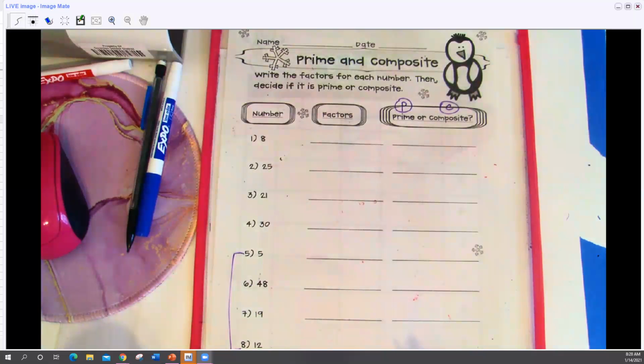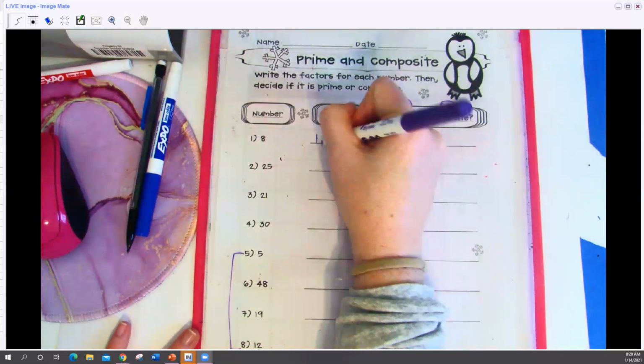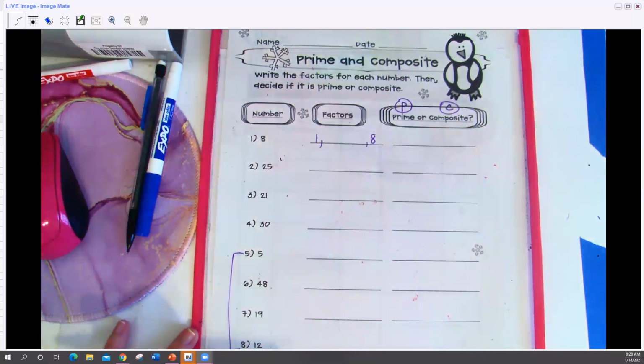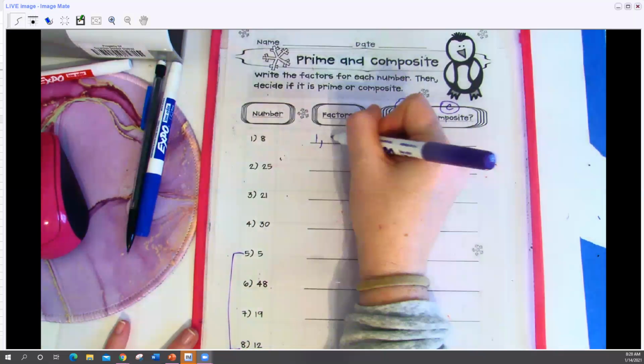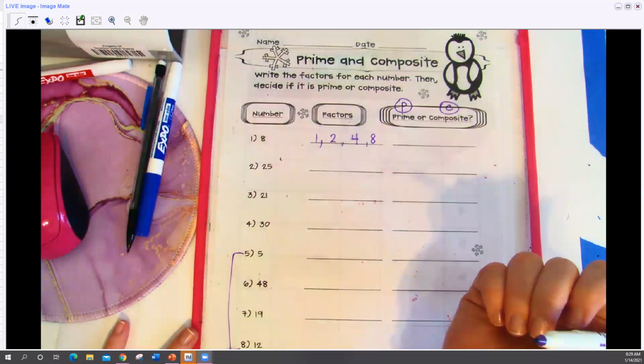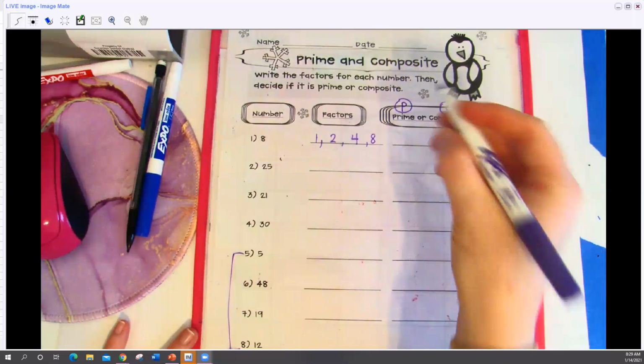So let's take a look at number 1, 8. What are the factors of 8? So I know I can do 1 times 8. I can also do 2 times 4. I can see that it has more than 2 factors. So this means it's going to be composite.